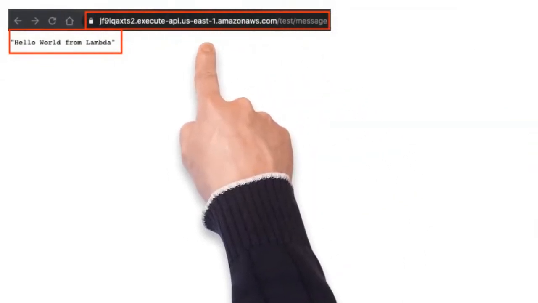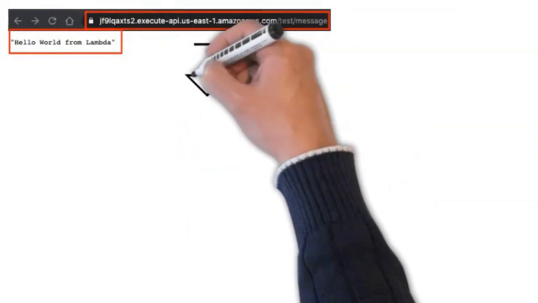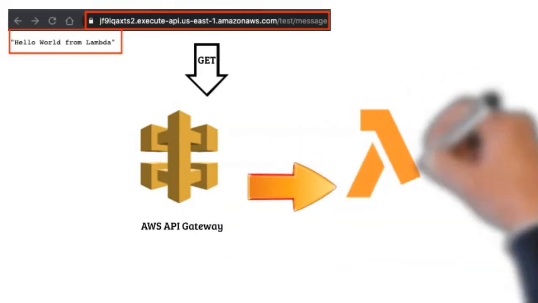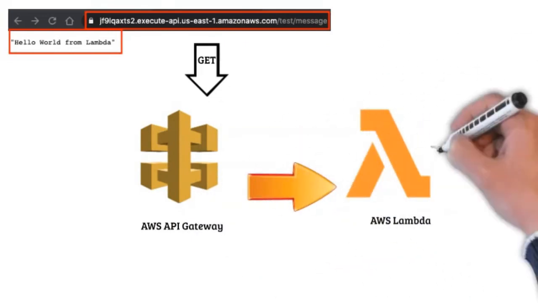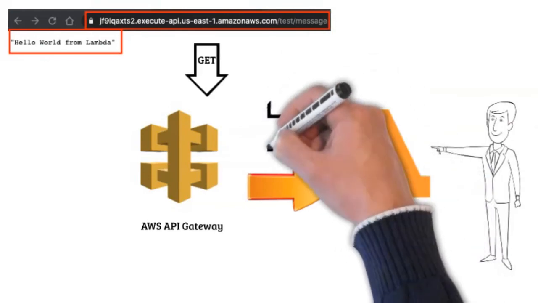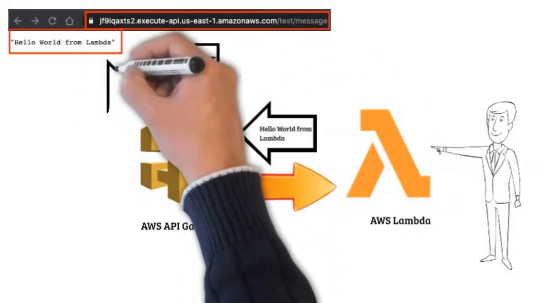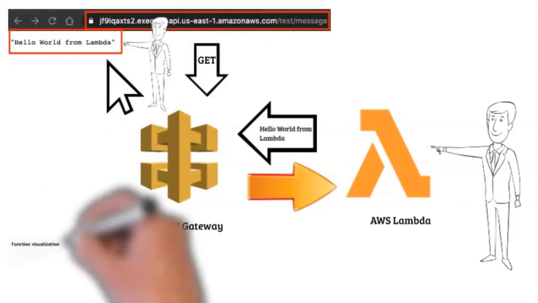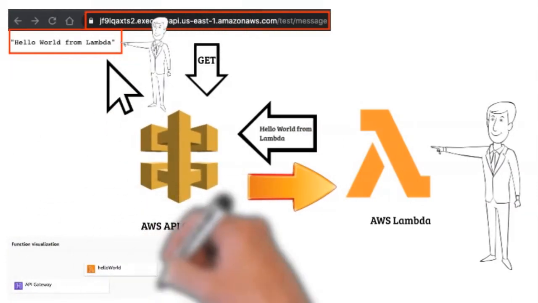So let's summarize what we've done so far. We wrote the URL, as you can see. The browser will send the GET request to the API Gateway, which will send it to the Lambda. The Lambda will reply back with a message, hello world, which the API Gateway will send to the browser that will render it.